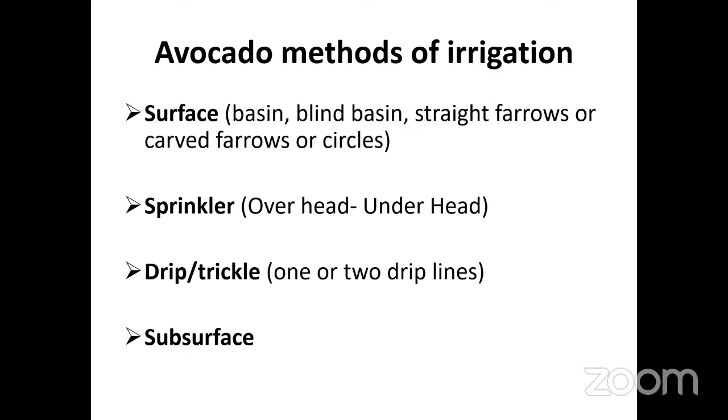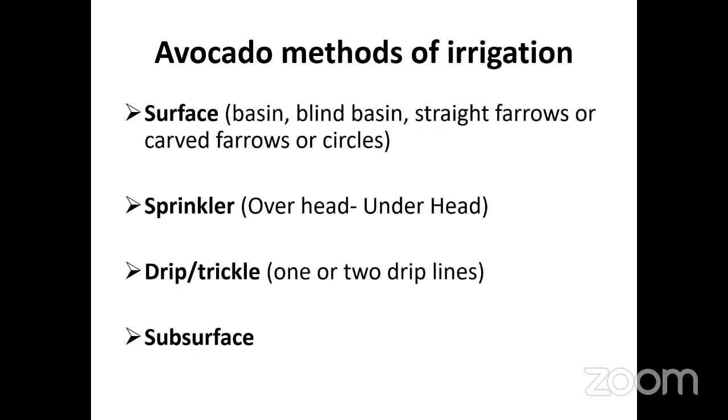If we are talking about avocado, there are 3 or 4 methods or systems for irrigation. The first is surface irrigation, under which there is the basin and the blind basin, and the straight furrow, the curved furrow, or the circles.